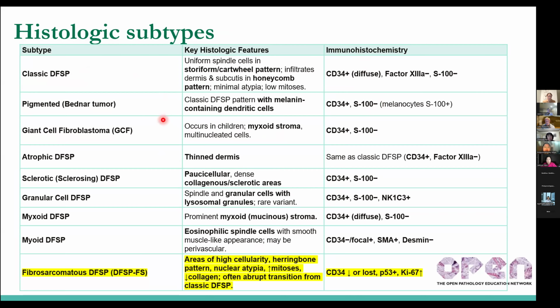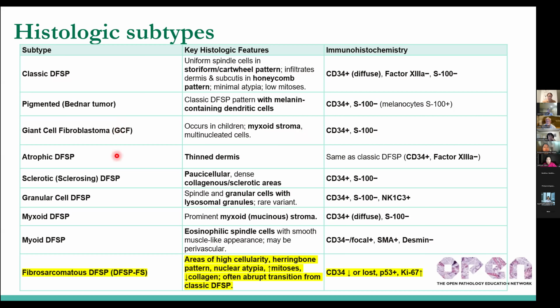And then we have what they call our pediatric DFSP, giant cell fibroblastoma. The term is different, but it's classified as a DFSP because it contains the same characteristic fusion as classic DFSP. It occurs in children. Usually it has a myxoid stroma and multinucleated giant cells. The IHC is the same as classic DFSP.